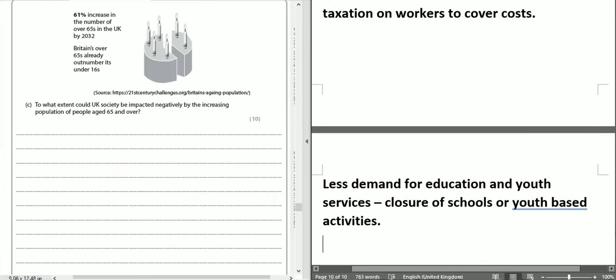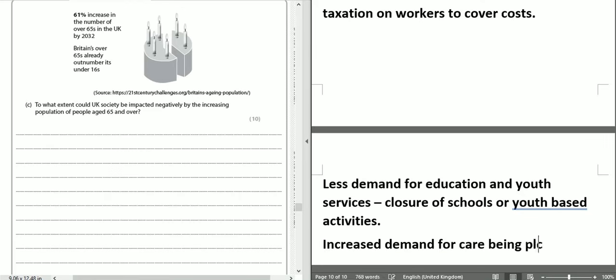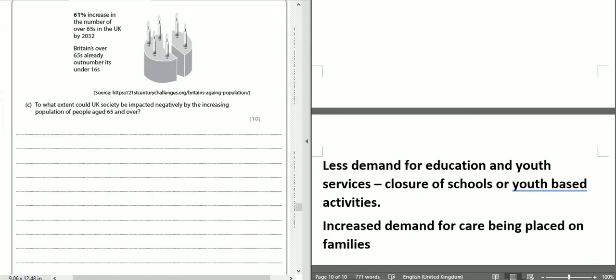We also see, one of the other things that's come about with an aging population is increased demand for care being placed on families to care for their elderly relatives, and this is what's creating something called sandwich carers.